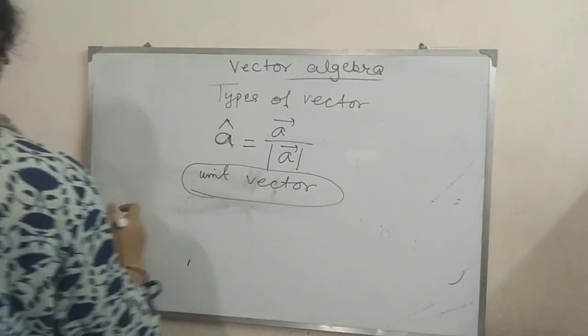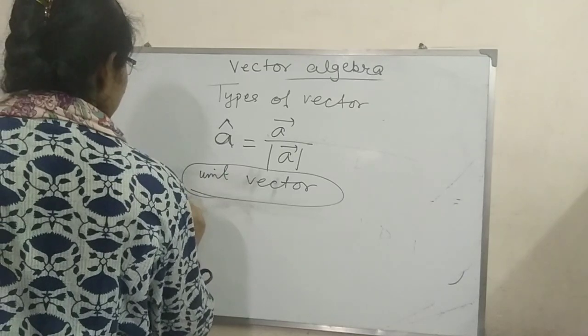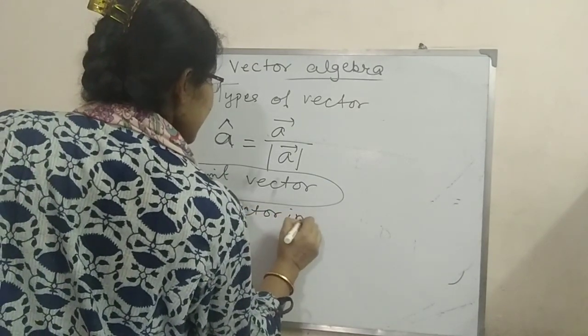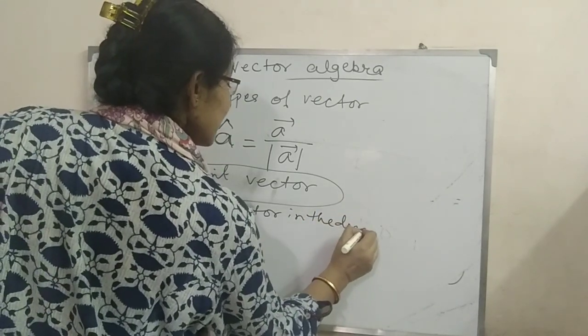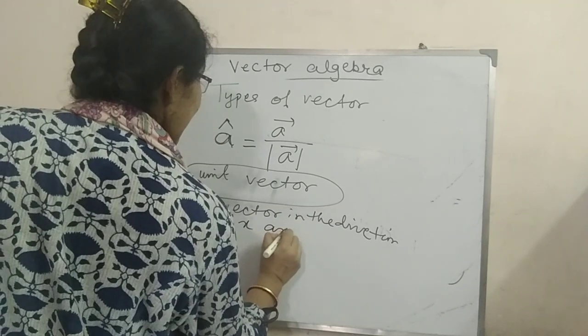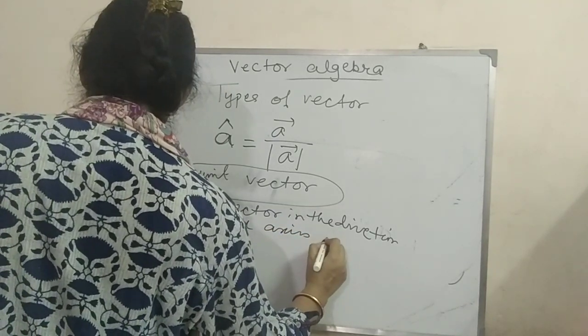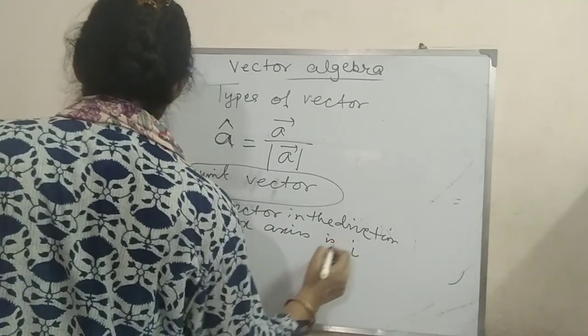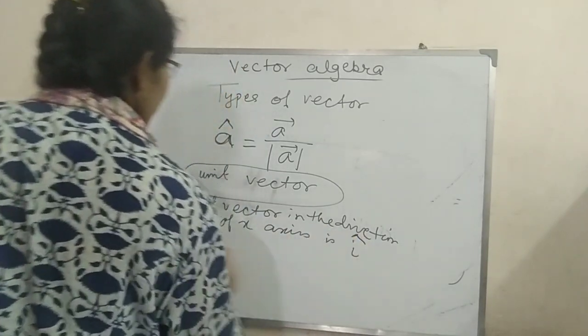The unit vector in the direction of the x-axis is i cap.